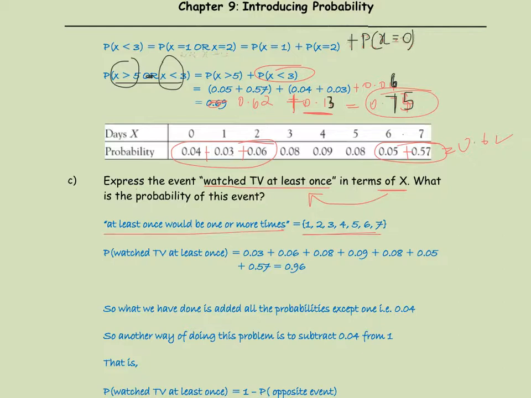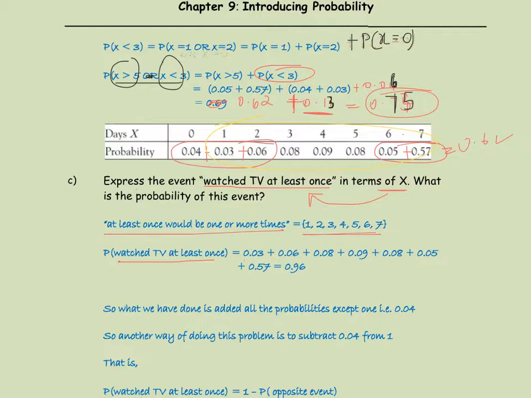At least once means one or more times. So that would be 1 through 7. The probability that someone watched television at least once would be 1 or more times. So basically you're adding up all these probabilities.